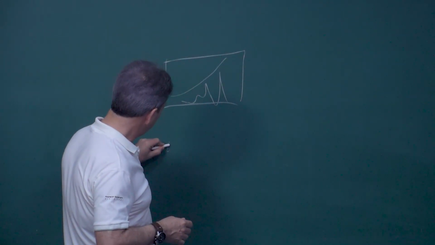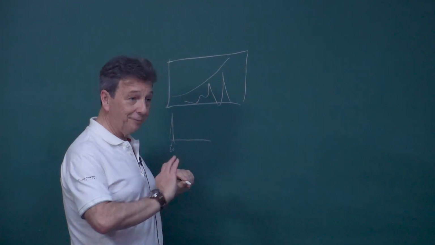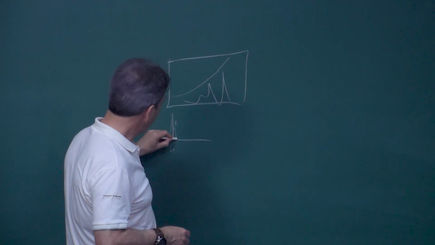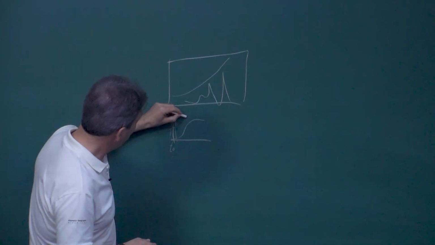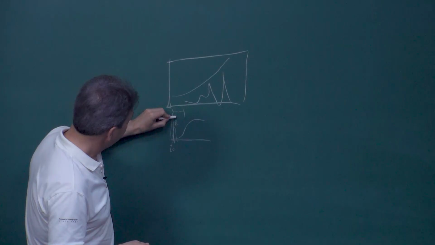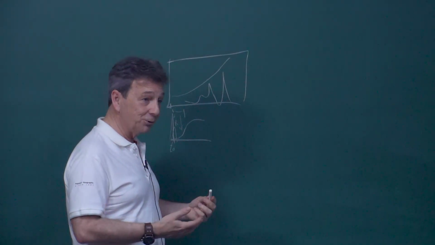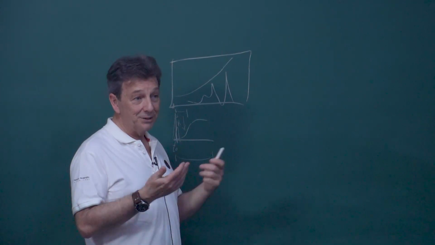If this is time 0, and at time 0 a photon goes, immediately you get the Raman peak. Fluorescence takes a little more time. But you have this window of time, from when the photon goes until you get the Raman, before the fluorescence starts to grow. We're talking about picoseconds, which is very little.